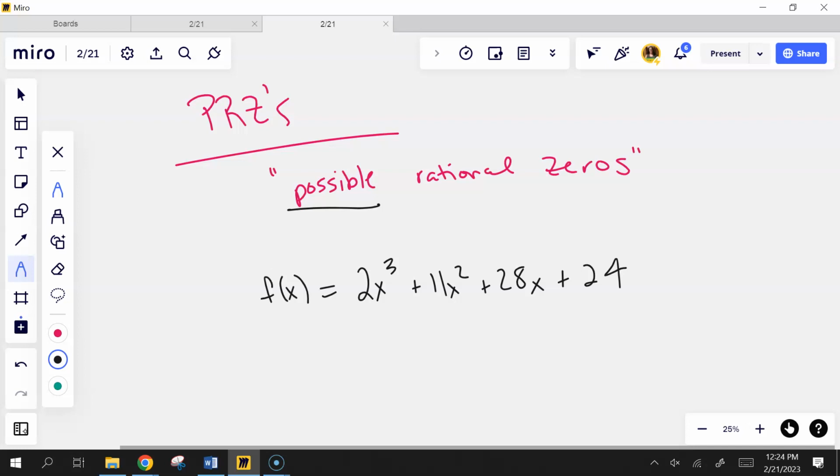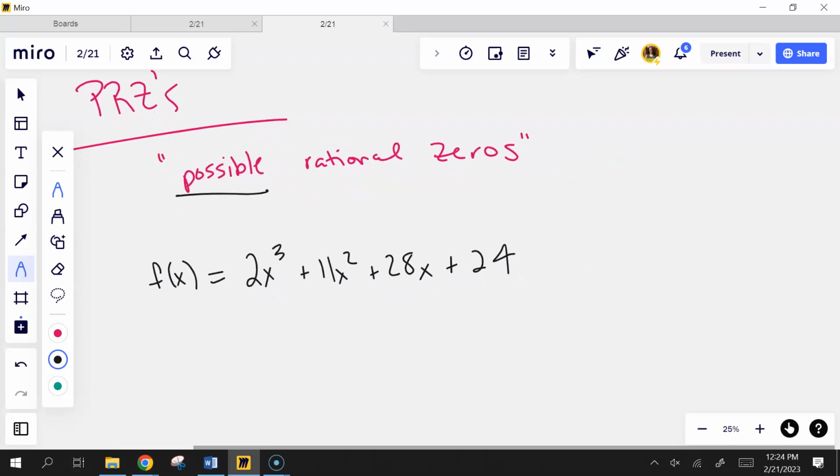Any ideas? Okay. That's not right. I'll list out the possibilities, and here's what the possibilities are. They're the PRZs. I don't know if you guys remember this or not, so I'll ease into it. Okay, so this does not mean these are zeros.